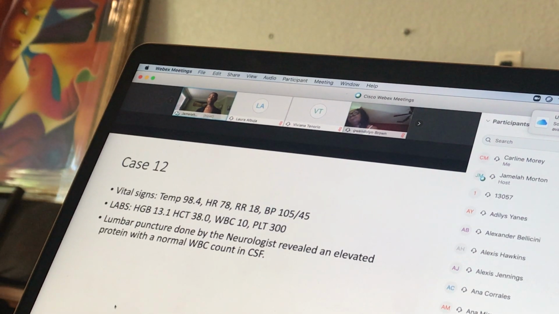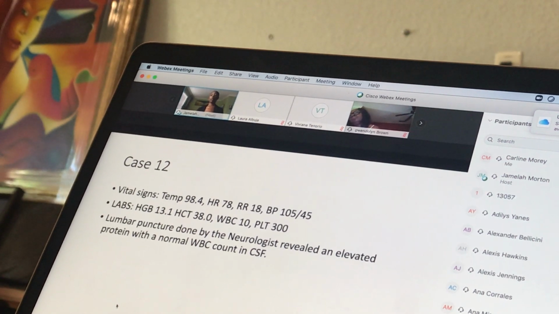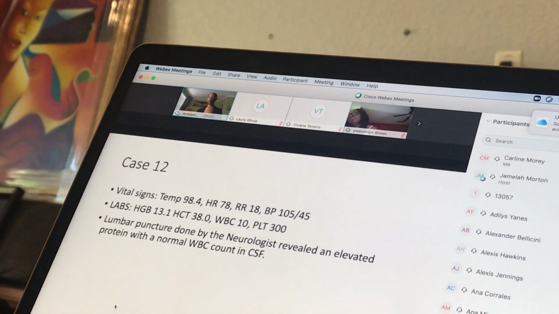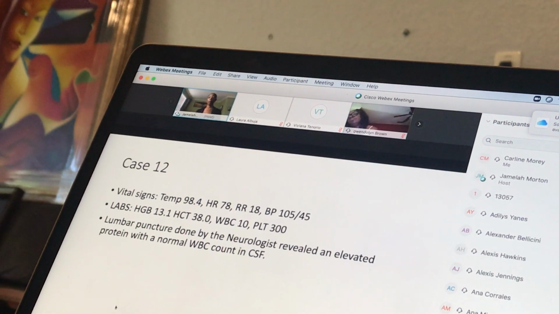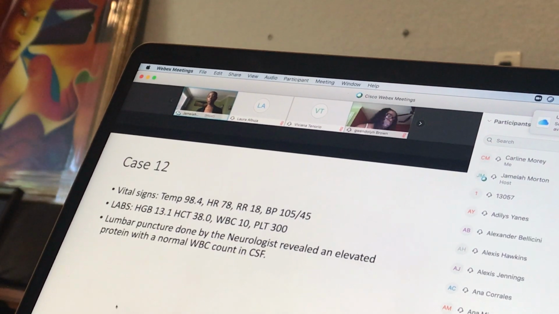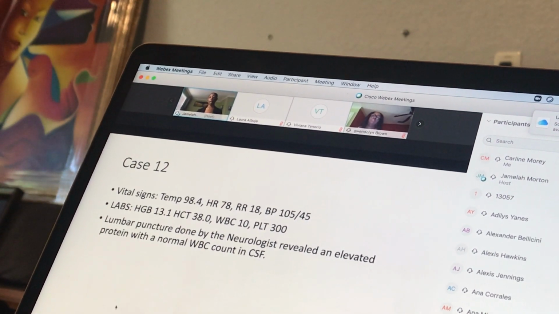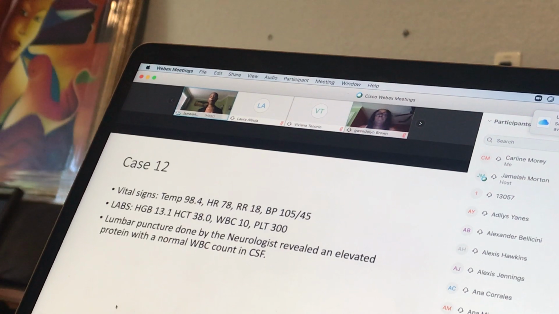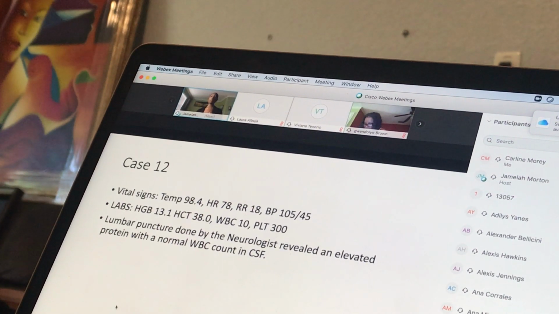Usually what happens is the bacteria eats the glucose. So if there's a bacterial meningitis, the glucose will be low and the protein will be high, okay? If you have a patient who has elevated WBCs, elevated protein, and low glucose, you're thinking that this is probably a meningitis, a bacterial meningitis.